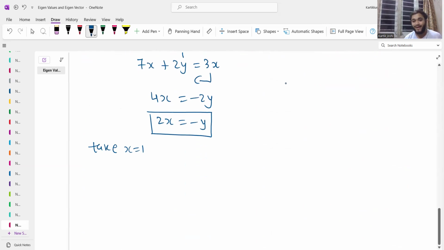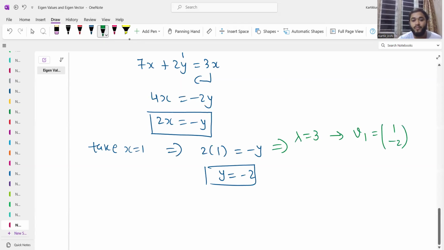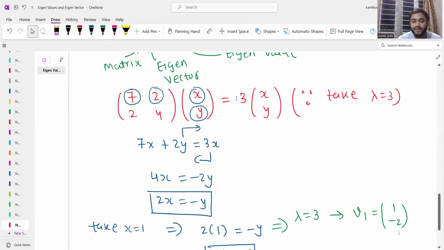But first, for finding the eigenvector v1, take X is equal to 1. Then you have Y is equal to minus 2. So if we take lambda is equal to 3, you get the eigenvector v1 as 1 comma minus 2. This is very basic.